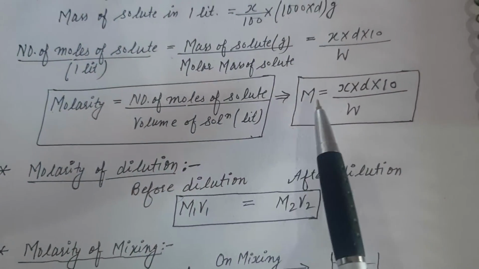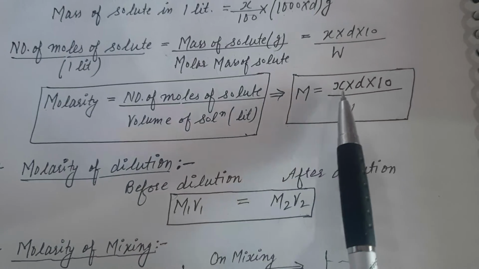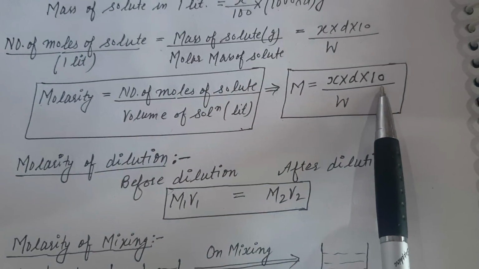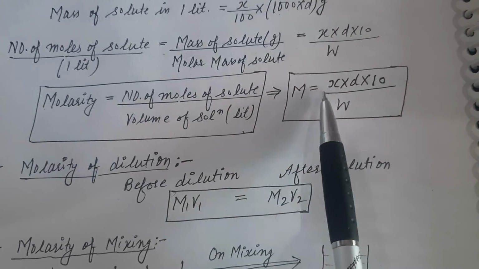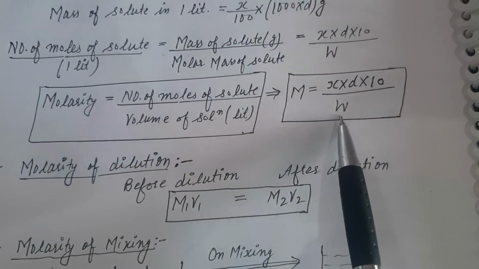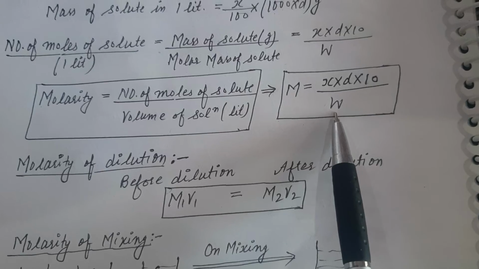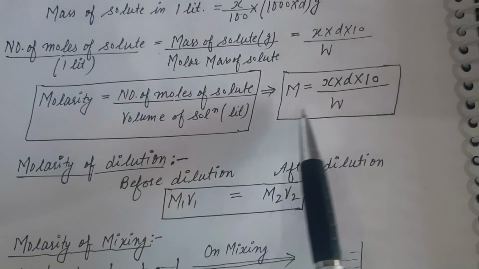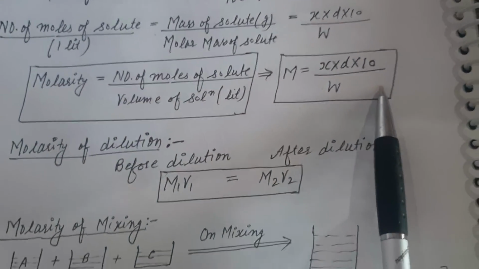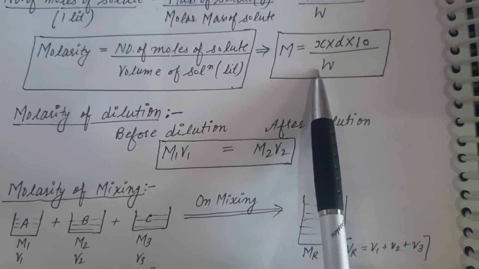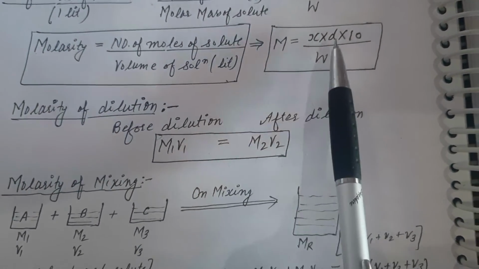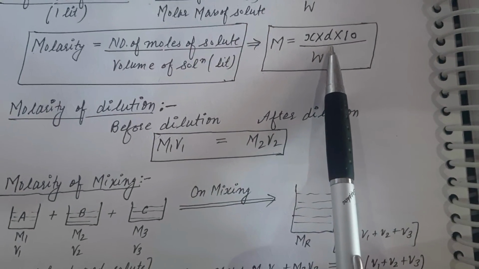From this expression, molarity will be x into d into 10 upon capital W, which indicates molar mass of solute, and volume of solution in this case is 1 liter. So again, the second expression for molarity, if you are given the density of the solution.